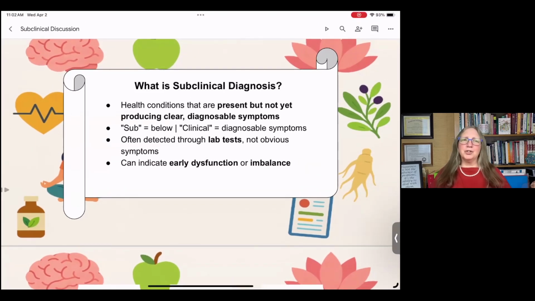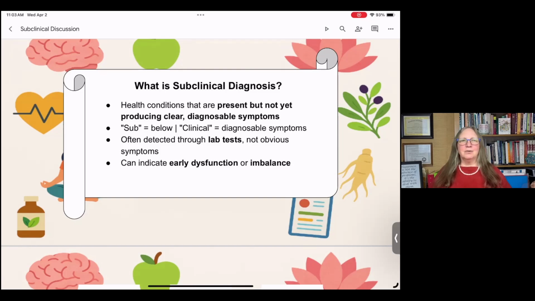So the first question I have, and this is a big question to understand what we do as a holistic care provider: what is subclinical diagnosis? I say that word a lot. Well, health conditions are present, but not producing clear symptoms or not producing clinical diagnostic lab expectations.